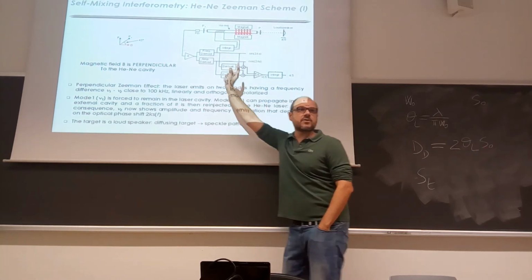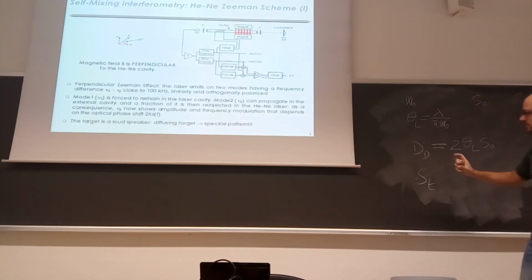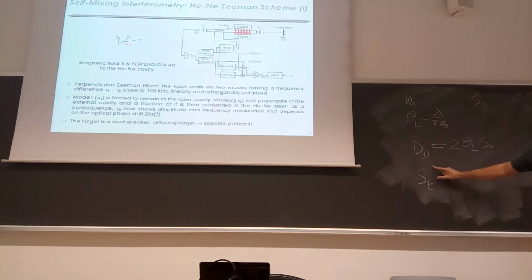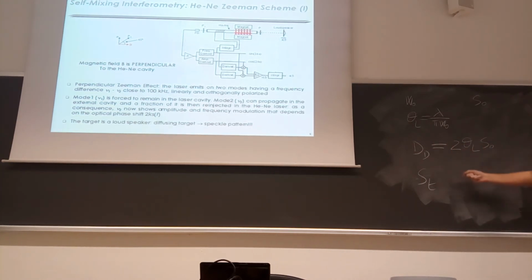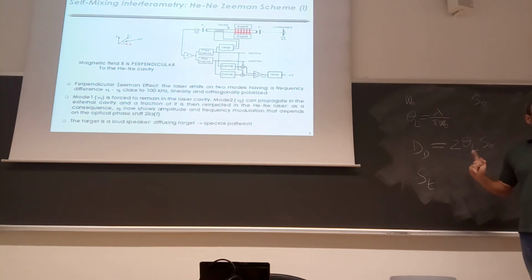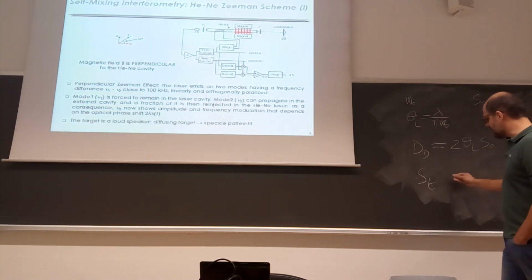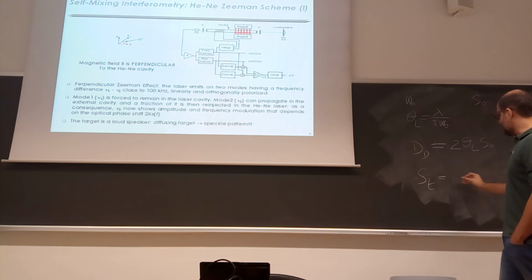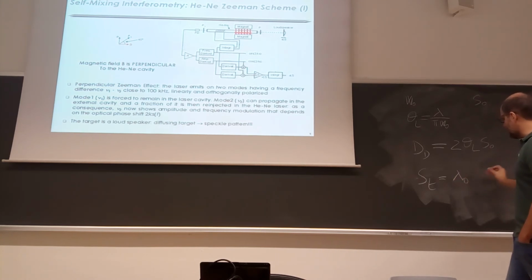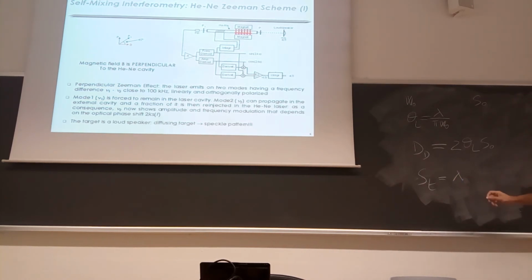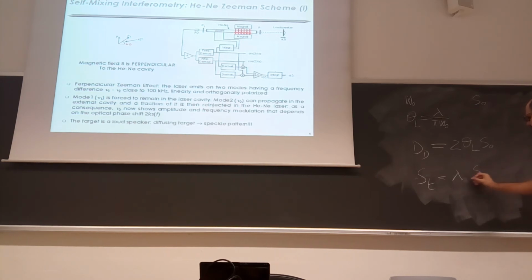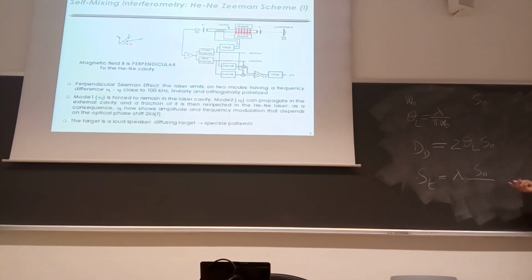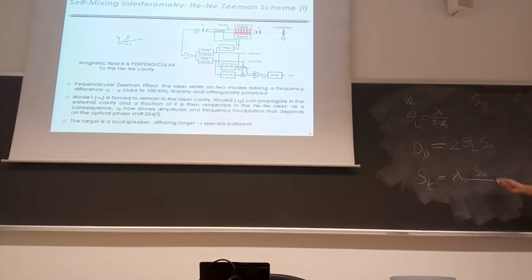Because now you know the diameter of the spot onto the diffuser, you can evaluate the transverse dimension of the speckle. This is given by lambda multiplied by the distance, which in this case is still S0, divided by the diameter of the spot.